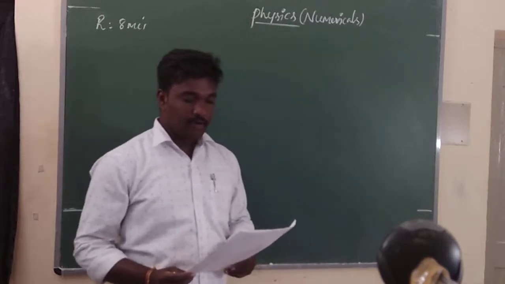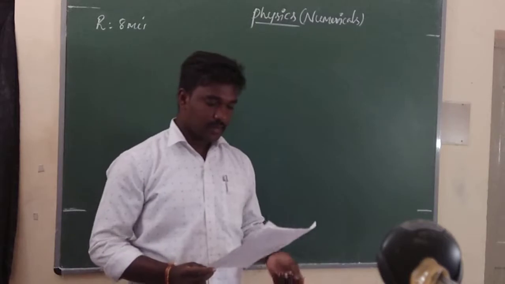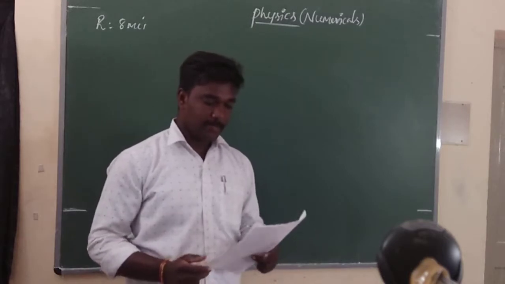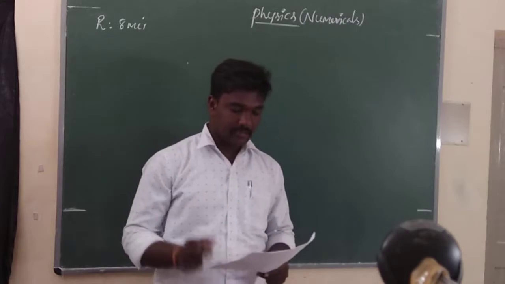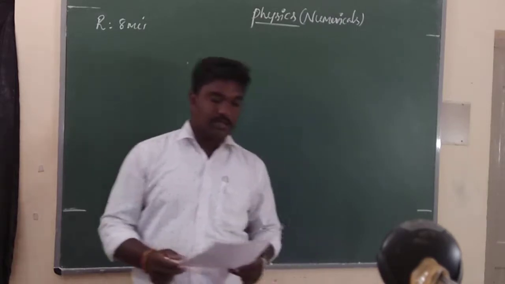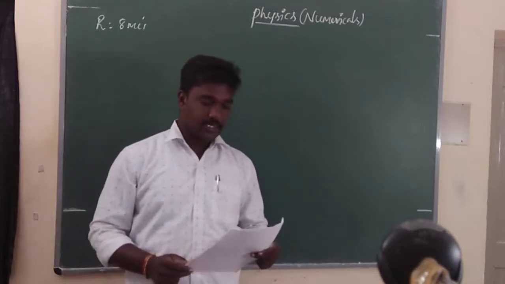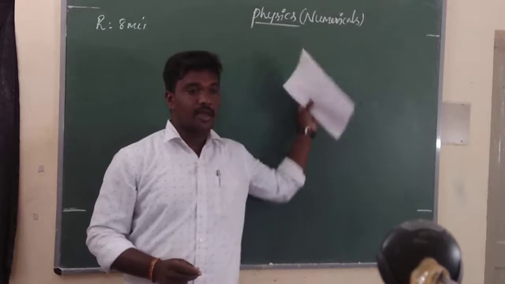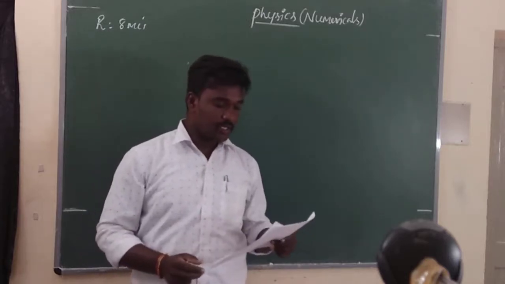The half-life of cobalt-60 is 5.3 years. Clear? So obtain the amount of cobalt-60 necessary to provide a radioactive source of 8 millicurie strength.